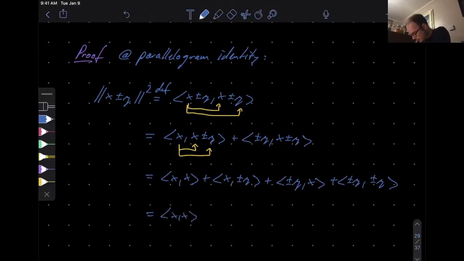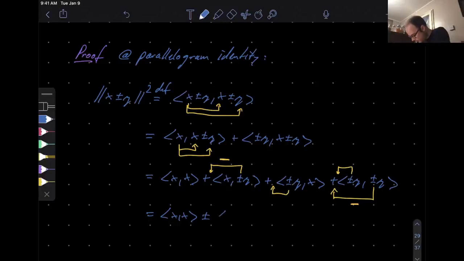So that allows you to pull out scalar factors. So this one comes out, but it gets a complex conjugate bar because it's in the second one. This one comes out without a complex conjugate bar because the inner product is linear in the first vector. And here this one comes out as is, and this one comes out with a complex conjugate bar. Yeah, but since these are either plus or minus 1, the complex conjugate bar doesn't really do anything here.